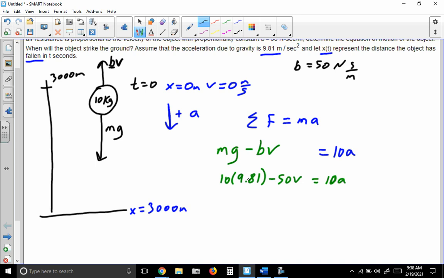So if we multiply 10 times 9.81, we get 98.1 minus 50v equals 10a.